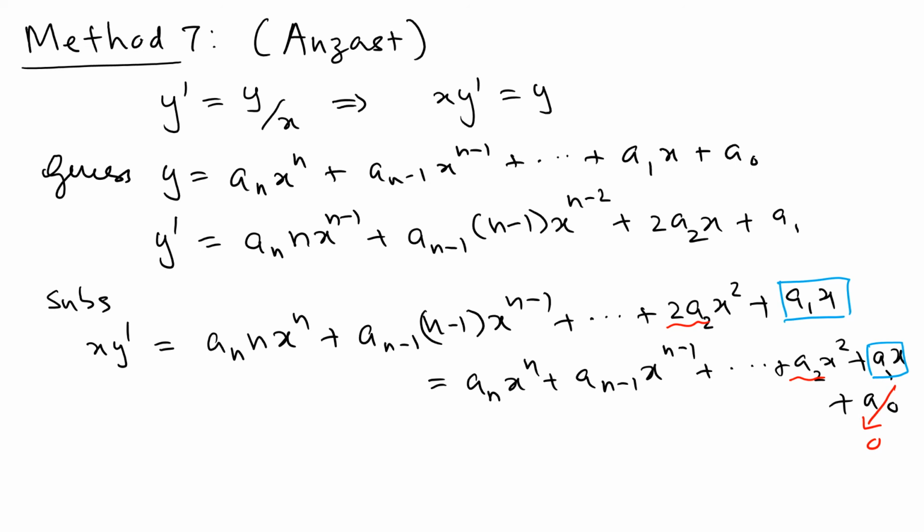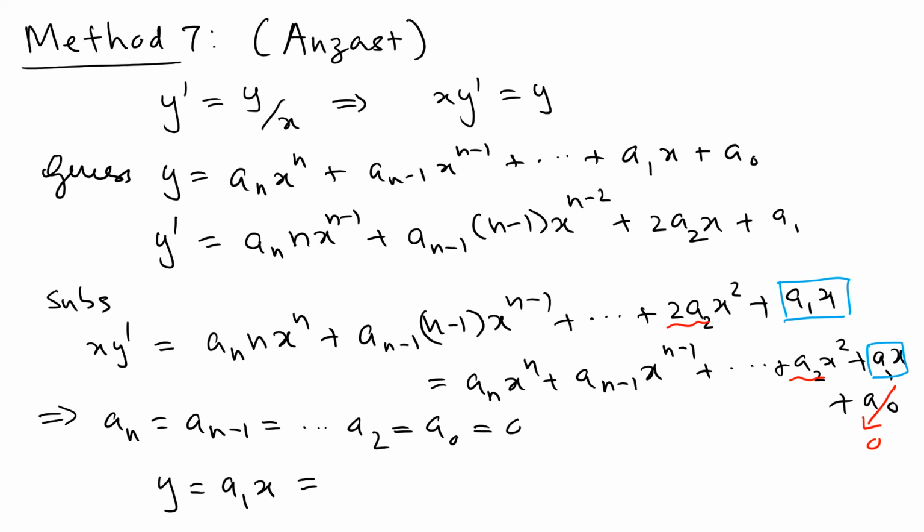So a_(n minus 1) all the way to a2 and a naught are 0. The only thing that can be non-zero is a1. So y equals a1 x is the only option, or otherwise we can write this as y equals c x. So that's how you can solve the problem using the Ansatz method.